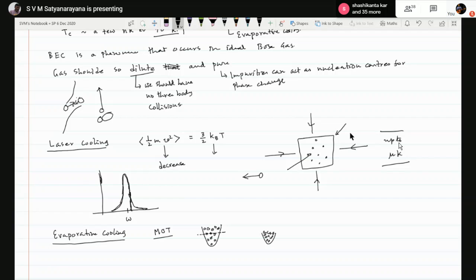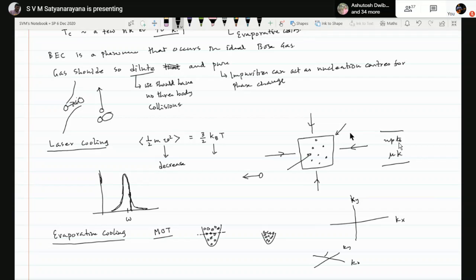And when they go to nanokelvin temperature, they find that the macroscopic occupation of the ground state could be realized. So how do they see it? You look at what is called momentum space. Let's say this is your kx and this is your ky, and then look at the population.